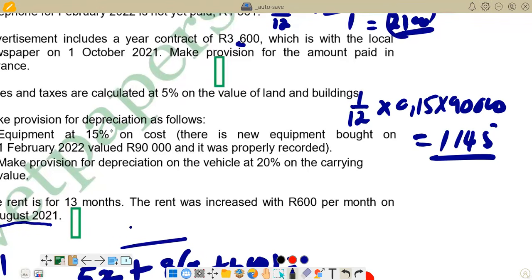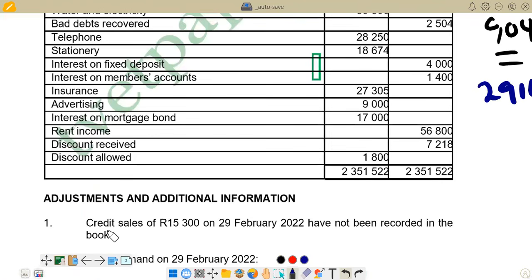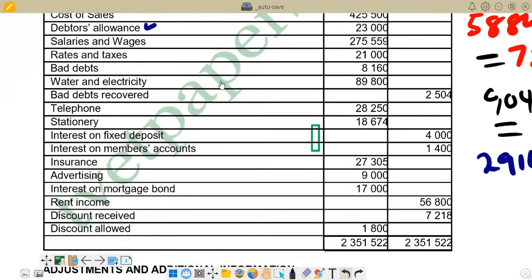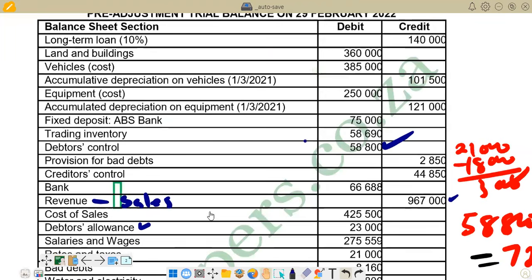And then we want to see equipment that stayed for the 12 months. We go to the list of balances. Remember, the figure that we have in the list of balances includes the 90,000 because here they are saying it was properly recorded. So it's inside that figure. So you need to remove the 90,000 to remain with the balance of the value of equipment that stayed for the whole year. So you go to the list of balances and find the figure that we are given for equipment there. You'd see that the figure is 250,000.